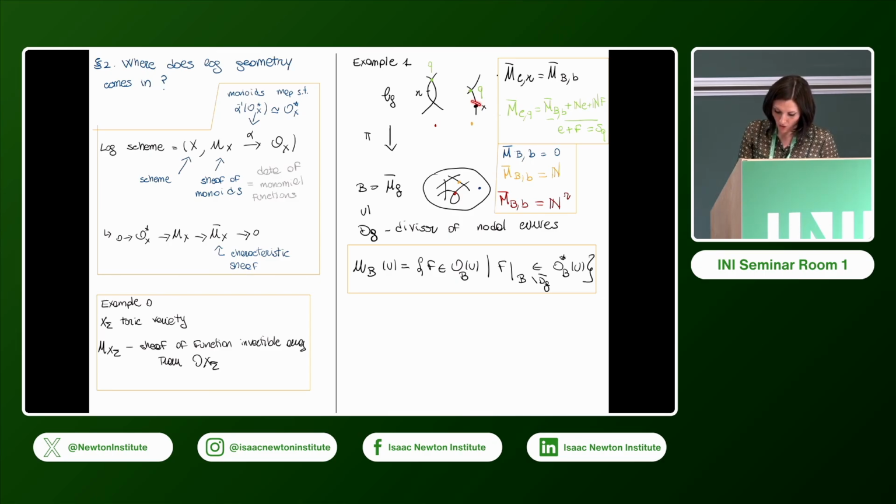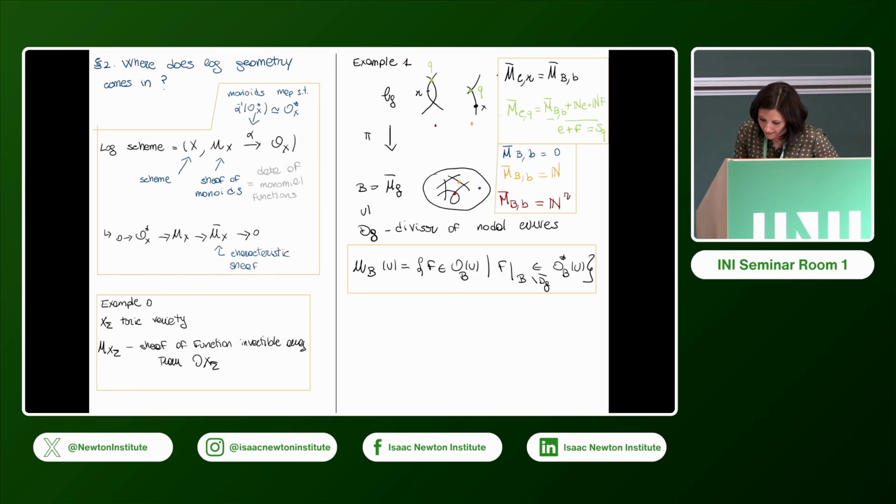If we have a point of a nodal curve, and I'm looking at curves which live over the boundary because nothing happens for smooth curves, then at a smooth point, the log structure is just going to be the pullback of the one from the base. So there are no new monomials.